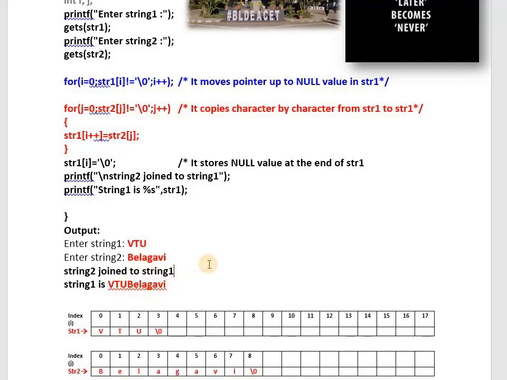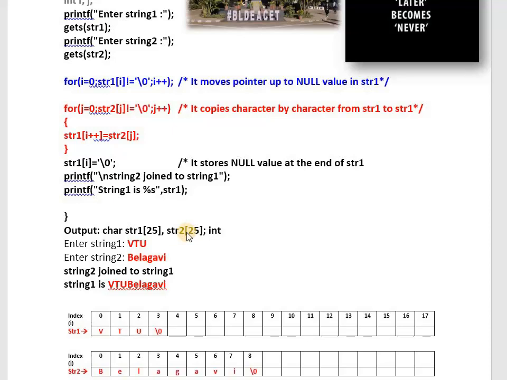First of all, we think about the required variables. How many variables do we need? We need two string variables. One is str1 of maximum size. One more is str2 of maximum size. Choice is yours. And we need an i and j variable because we are working with two loops here.